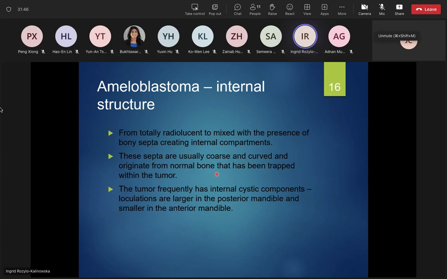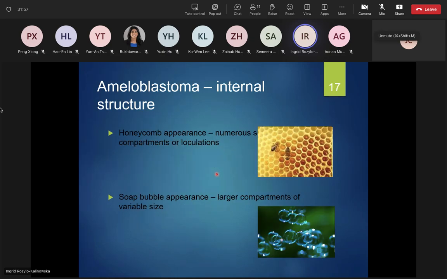They are curved, and the tumor usually has larger compartments in the posterior mandible than in the maxilla.